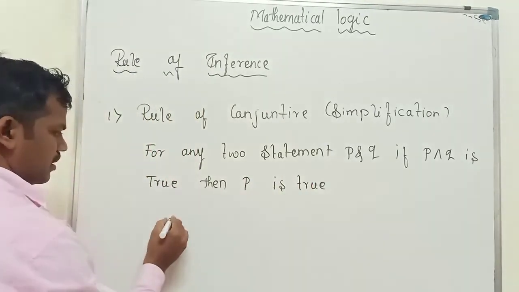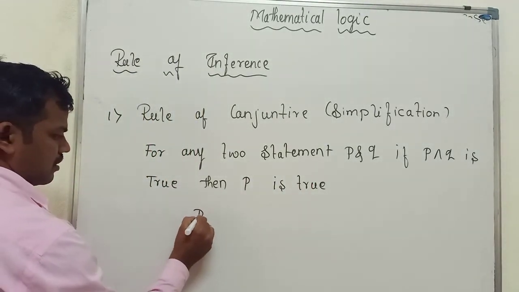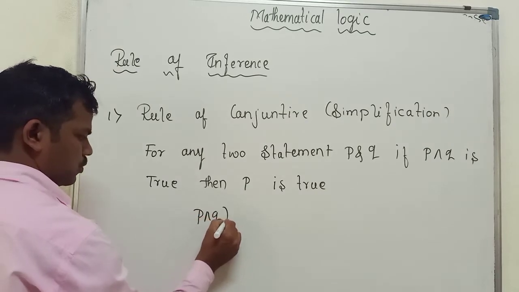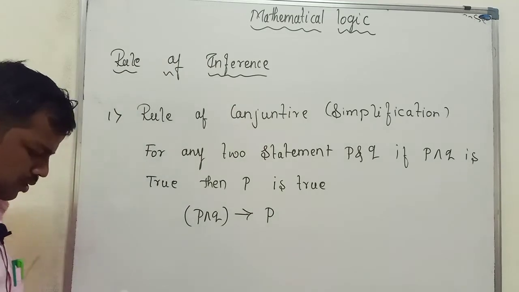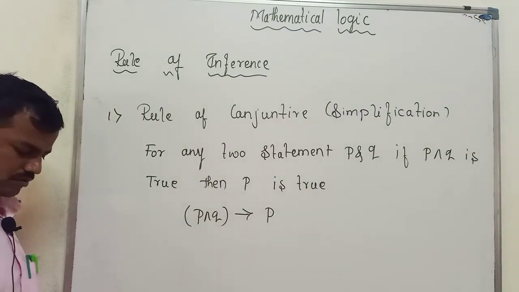So we can write P and Q, conclusion that is P. So we can write like this also.